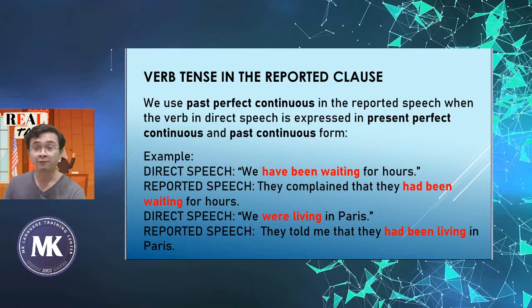When you say present perfect continuous, we use has, have, been, verb-ing, and for past continuous, we use the past be verb, like was or were, followed by verb-ing. If your direct speech is expressed in those verbs, then we need to change them into past perfect continuous in reported speech.